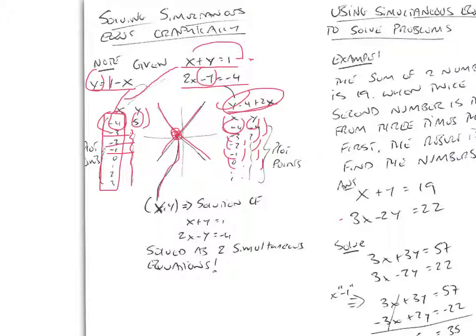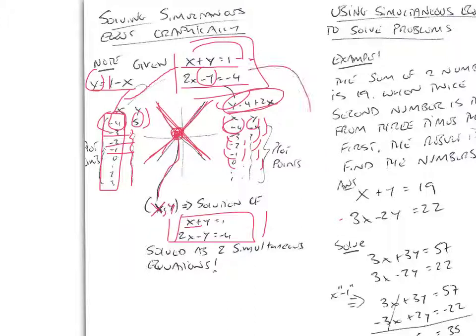The point that they intersect, that x comma y coordinate, is actually the solution of the simultaneous equations x plus y equals 1 and 2x minus y equals minus 4. So basically we've plotted the graphs, we found where they intersect, and in doing so we've solved the two simultaneous equations.